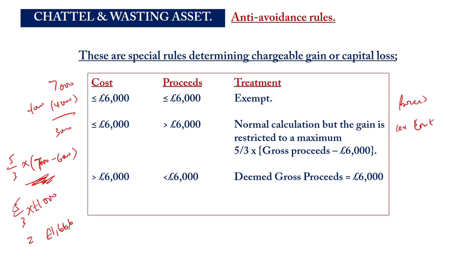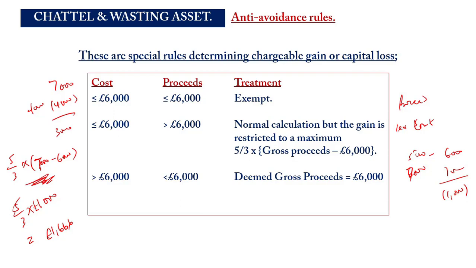So if the proceeds is, let's say, 5,000, and the cost is 7,000, what you're going to do is increase or assume the proceeds to be 6,000 and then the cost will be 7,000. So then the loss will be 1,000.